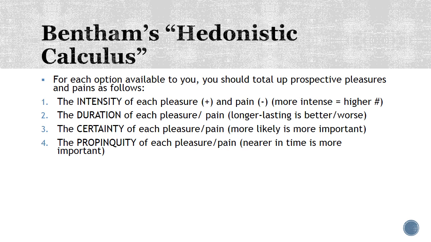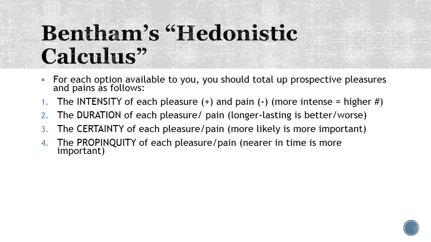And finally, here's another word you can use at lunch to impress your friends: the propinquity of each pleasure or pain. Propinquity is the only single word in English that means nearness in time. So propinquity refers to how soon something will happen.